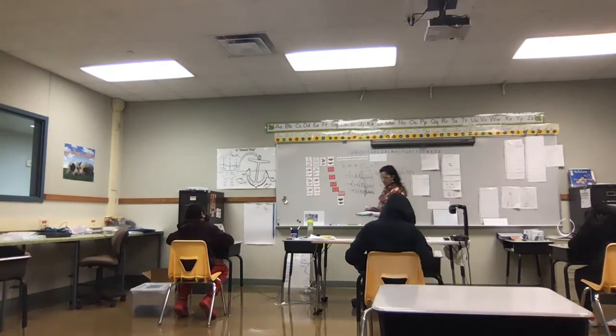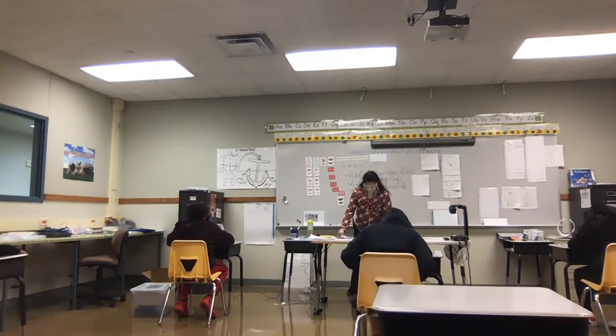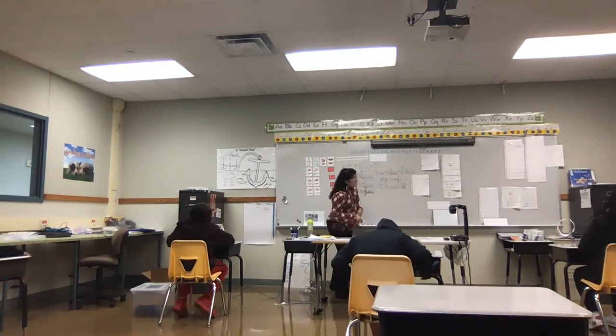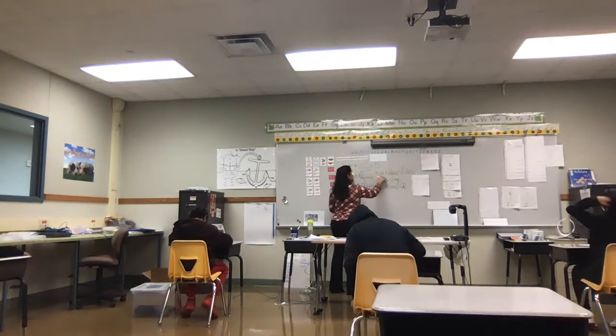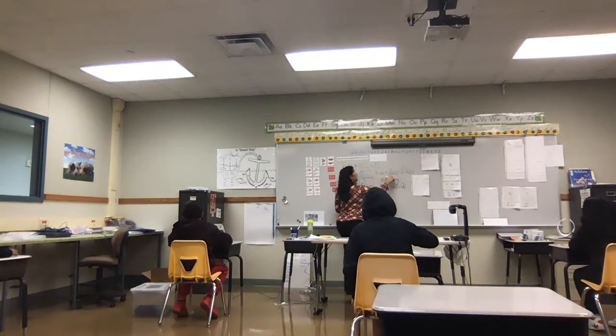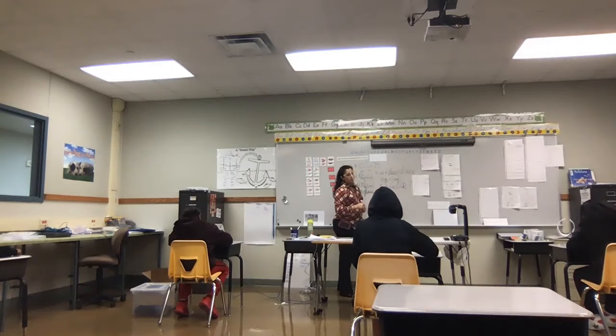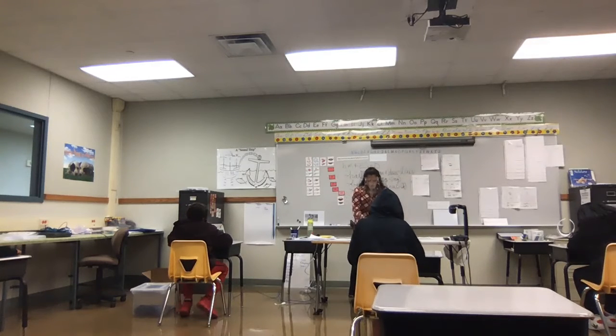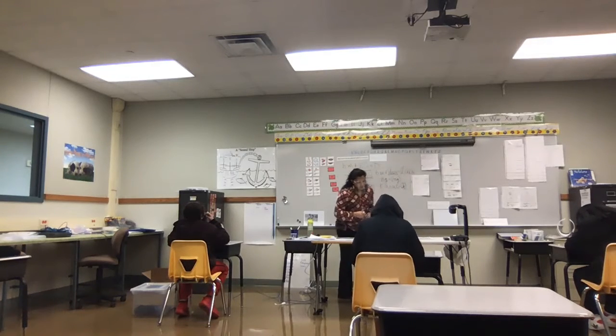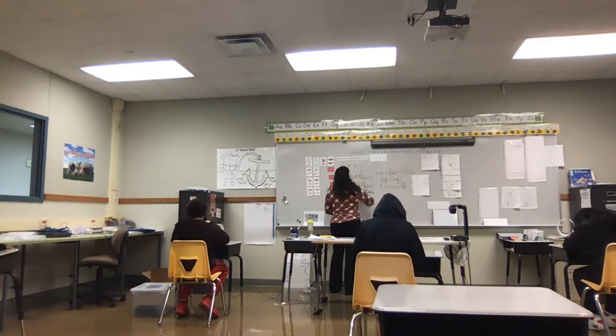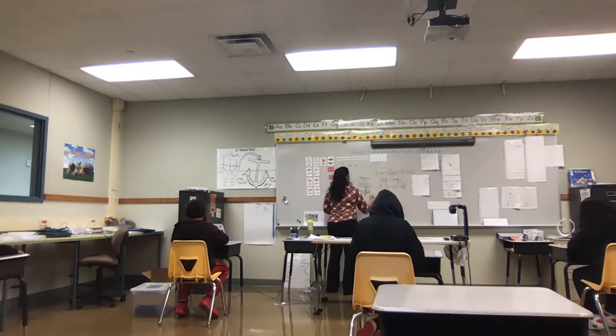Grassless. Okay, so we know that if we have a base word plus the suffix less, it's going to be read less, and we will box the suffix. All right, now I'm going to write some new words on here.